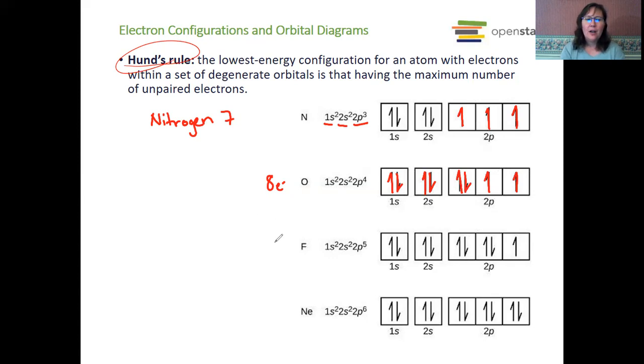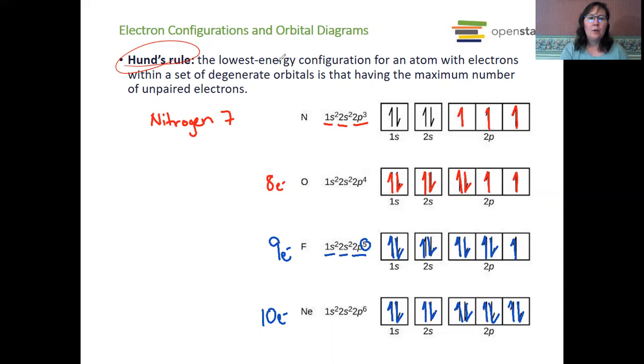All right, 8 electrons. Now, fluorine has 9 electrons. So let's count them. 1, 2, 3, 4, 5, 6, 7, 8, 9. Okay, and then you can see them here, 1s2, 2s2, 2p5. That 5 goes with these. Now we've got neon, 10 electrons. Now let's watch these. 1, 2, 3, 4, 5, 6, 7, 8, 9, 10.